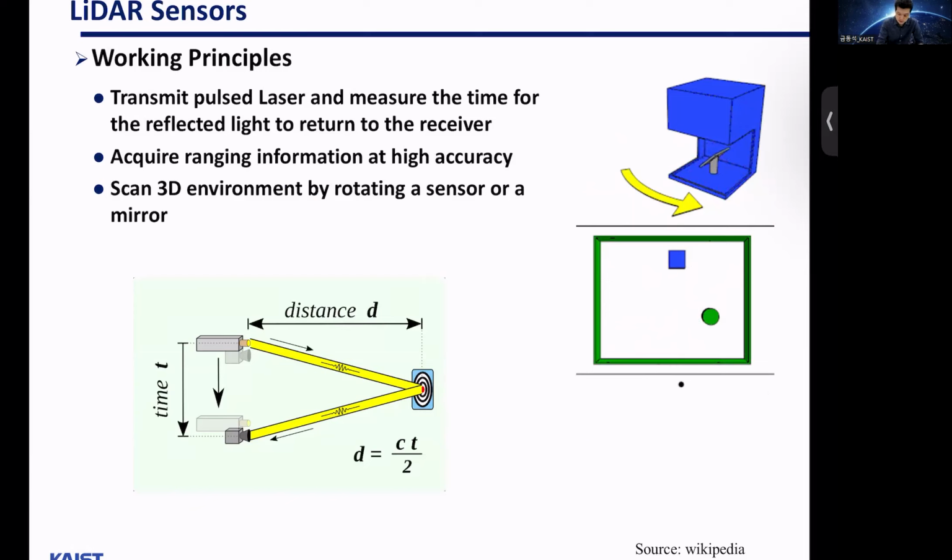Using this type of mirror, we rotate in space so that we change the direction of the laser ray, and then we measure the distance by calculating time of flight. Then we can find the distance.